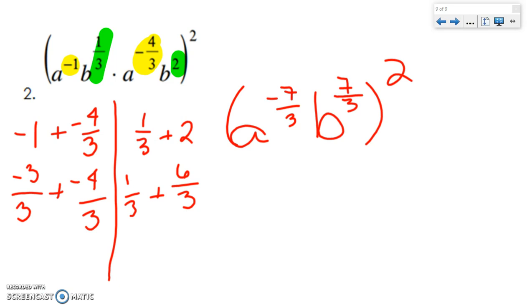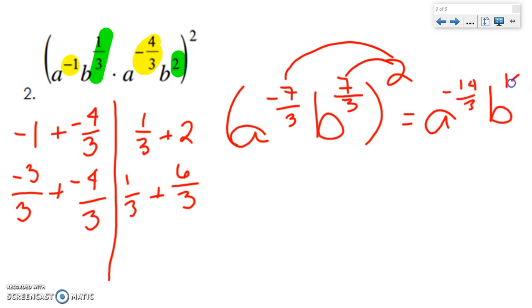You could choose to move a to the -7/3 to the denominator, or you could multiply. I'm going to multiply. So this becomes a to the power of -14/3 and b to the power of 14/3.